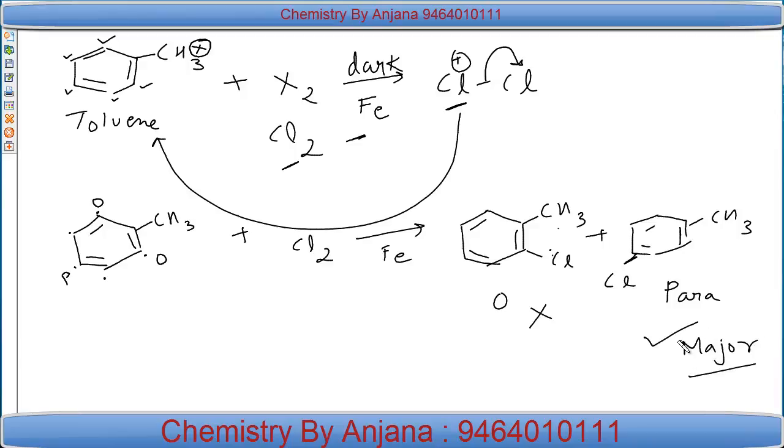So if we conclude both the cases which we have just discussed, one is if we give Cl2 to alkane in presence of light, we get substitution and result is alkyl halide.